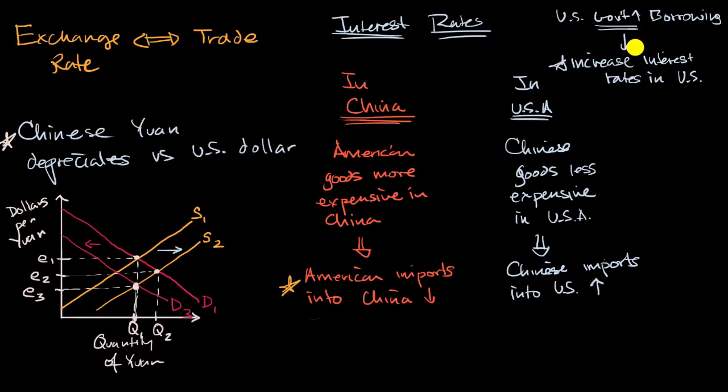And because that would increase demand for the US dollar and decrease demand for the Chinese yuan, the yuan depreciates. But because of that, American exports to China or American imports into China become less desirable, and Chinese imports into the United States become more desirable. And so you have a situation where the government borrowing can hurt the United States trade balance.